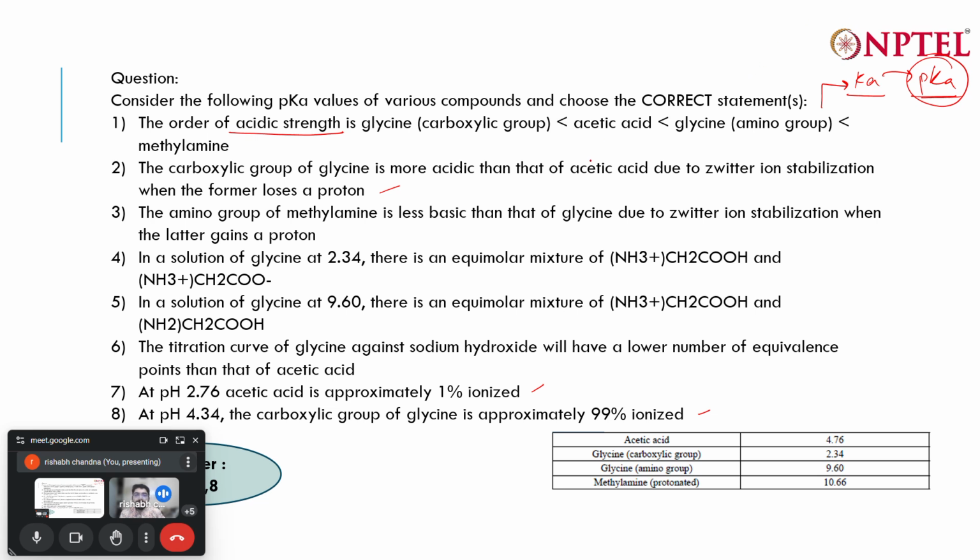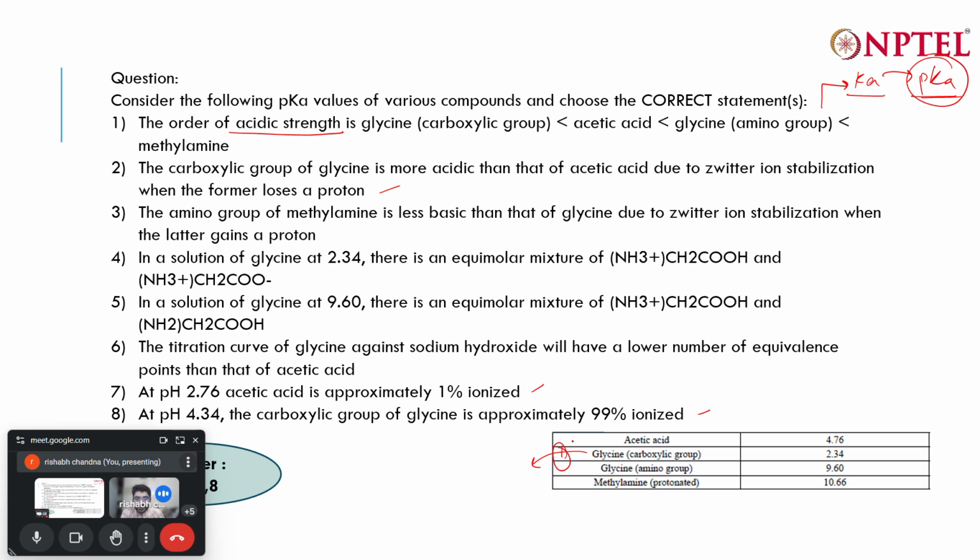Okay, so if we see from the pK values that are given, the acidic strength of glycine carboxylic group is the highest among the groups that are mentioned. So this would be the first.